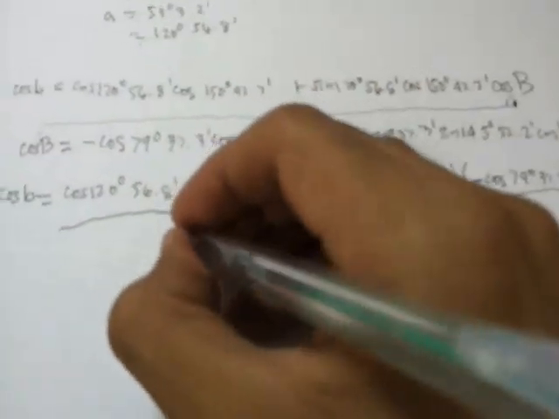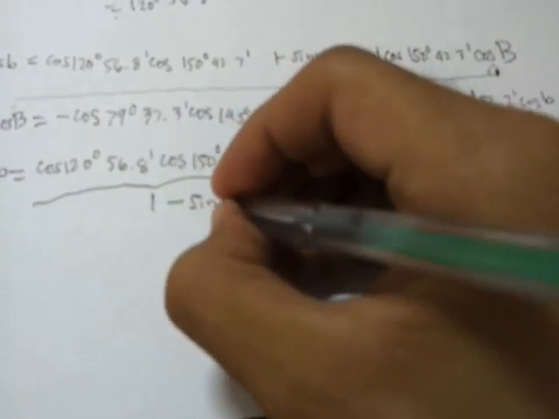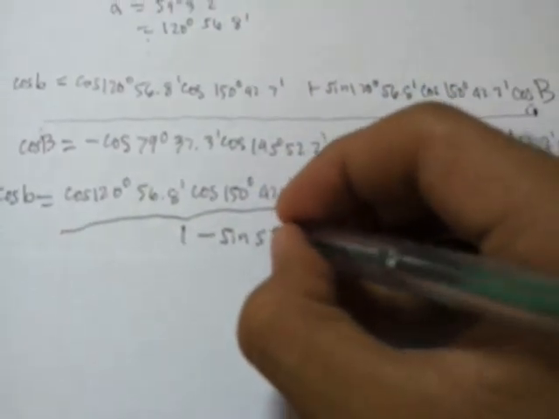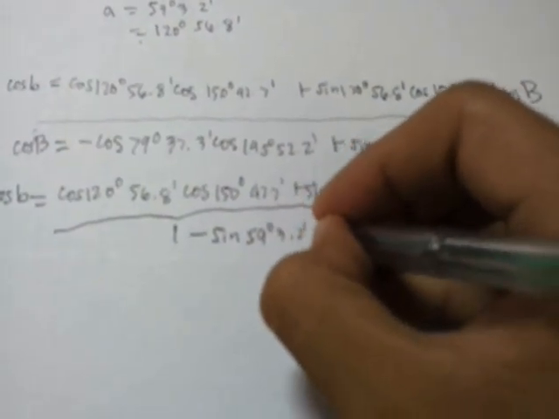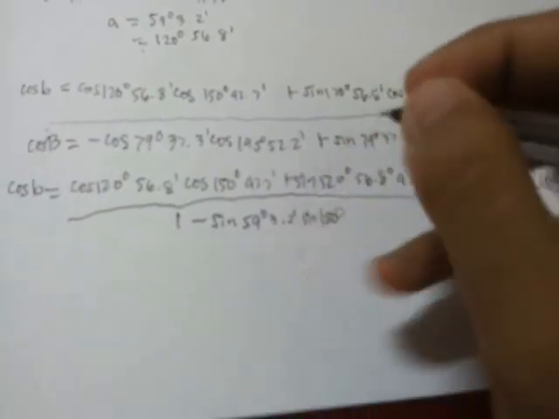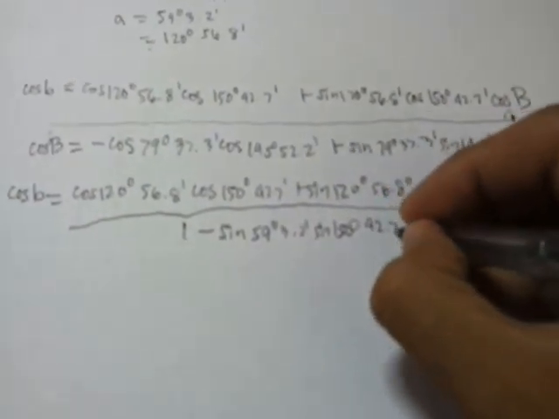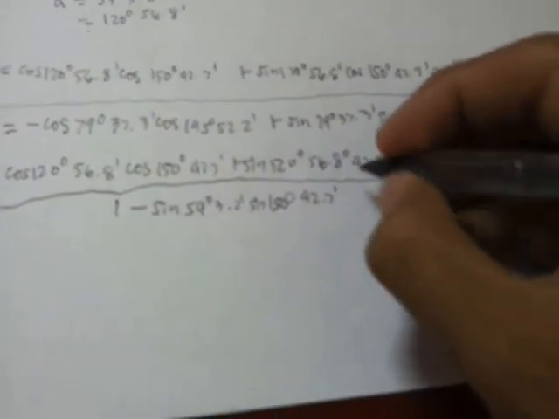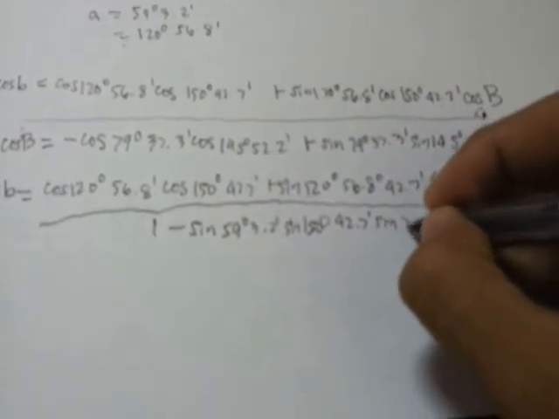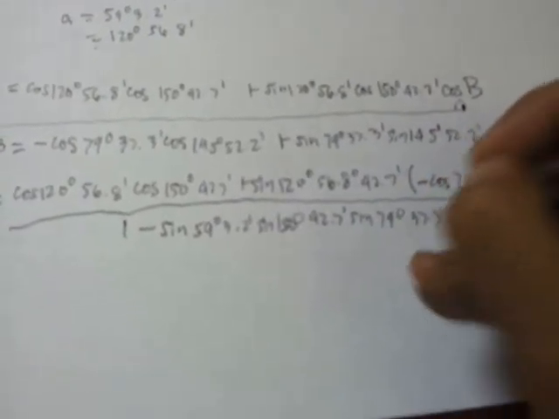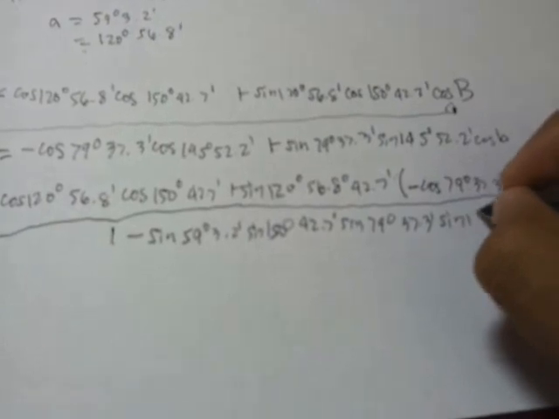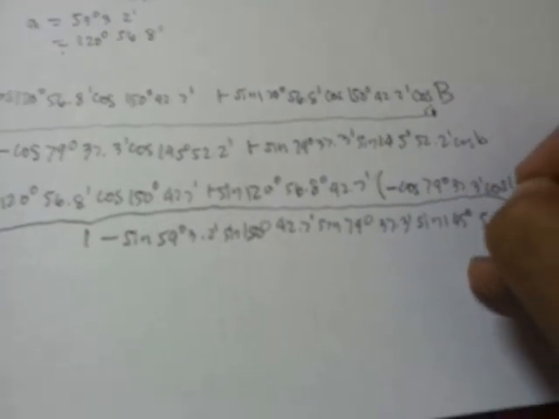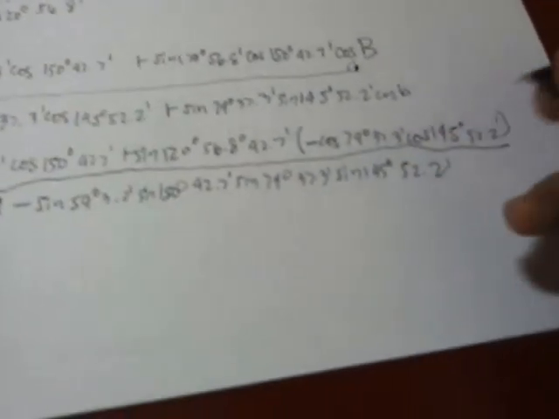Okay, 1 minus sine 59 degrees 3.2 minutes, sine 150 degrees 42.7 minutes, sine 79 degrees 37.3 minutes, times sine 145 degrees 52.2 minutes. That's quite long.